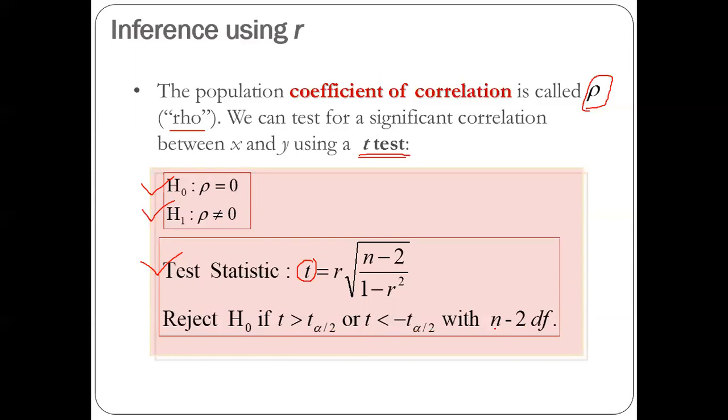That means the degree of freedom is the sample size minus 2. So this is the formula for the test statistic for the correlation coefficient.